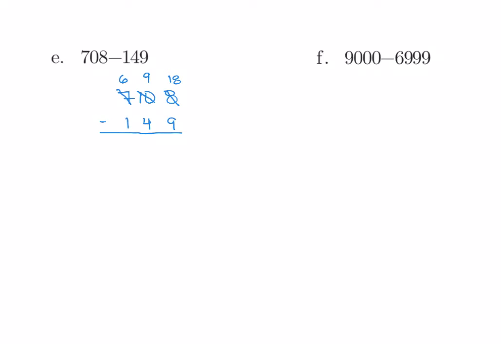So 18 minus 9 is 9. 9 minus 4 is 5. And 6 minus 1 is 5. So our final answer is 559.